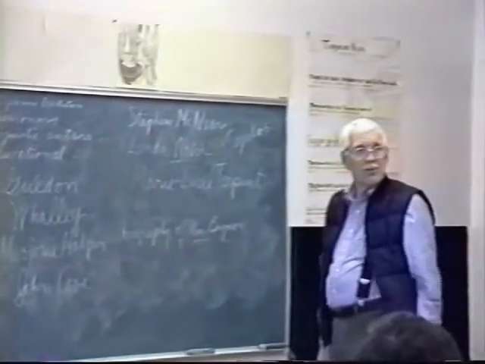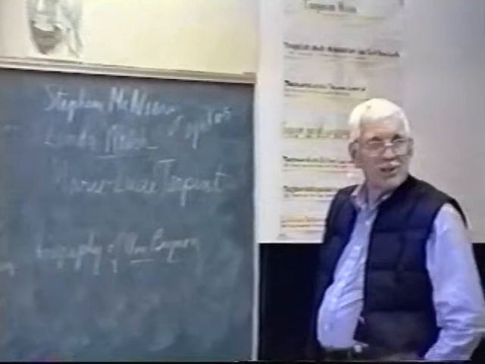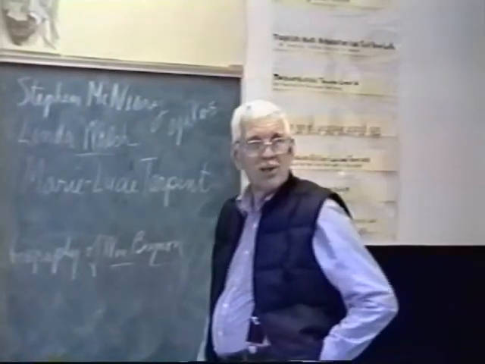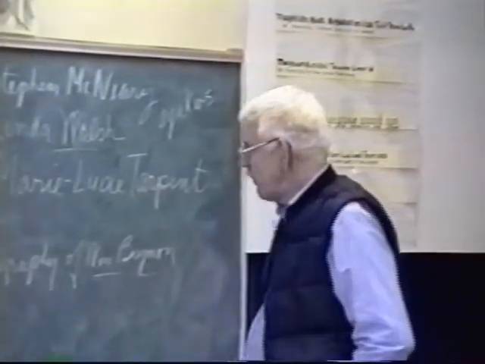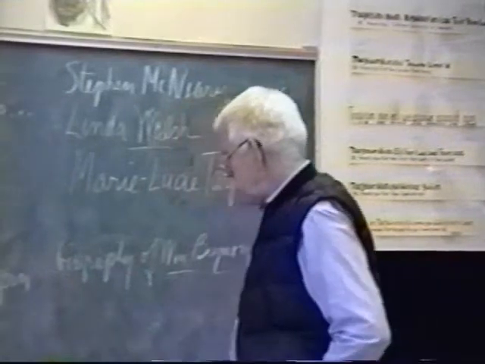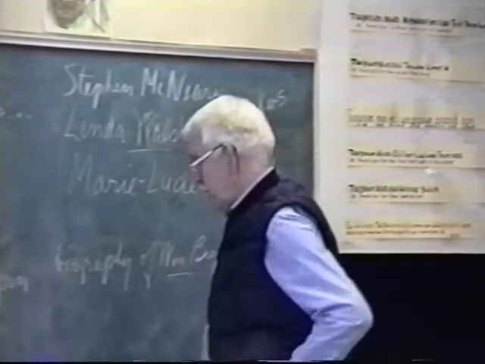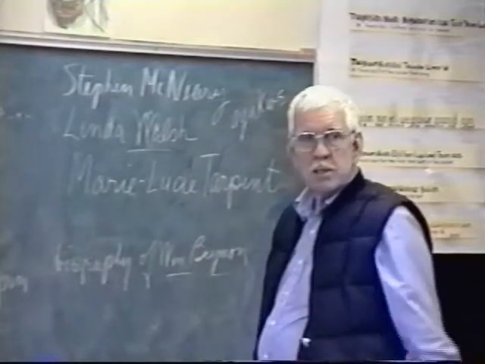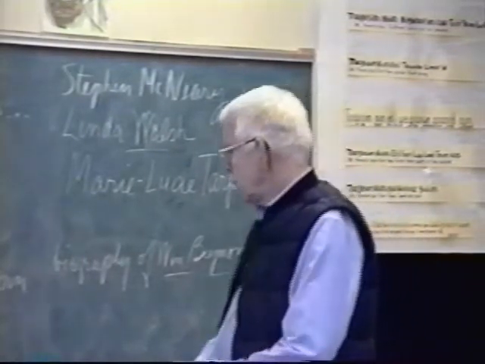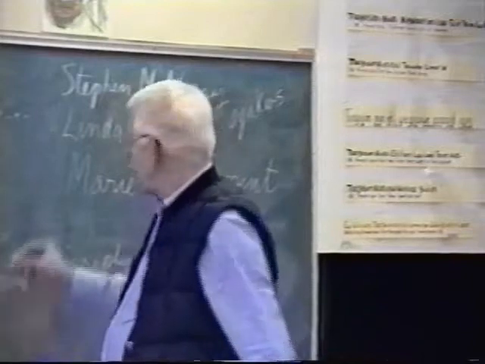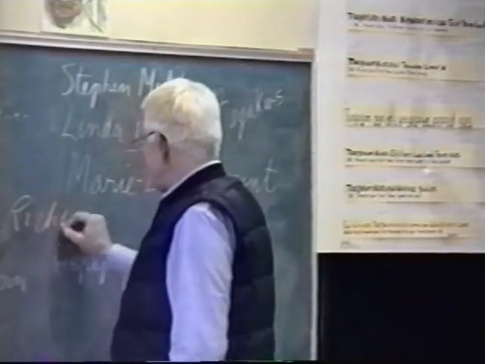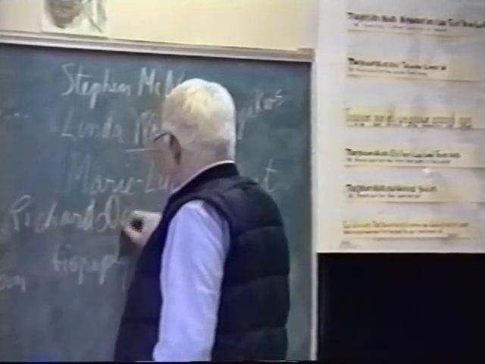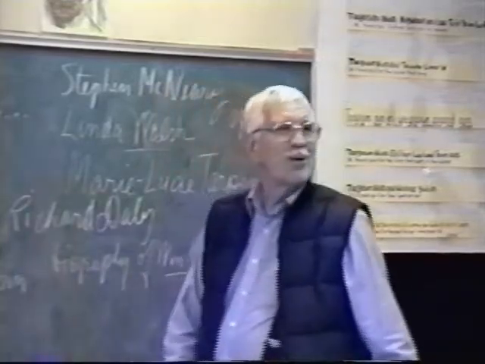And then Richard is, to my knowledge, the latest in the line of anthropologists to work here, being hired by the Tribal Council to work on the case and then continuing on his own. So I better put your name on the board, Richard, just to give you equal treatment.